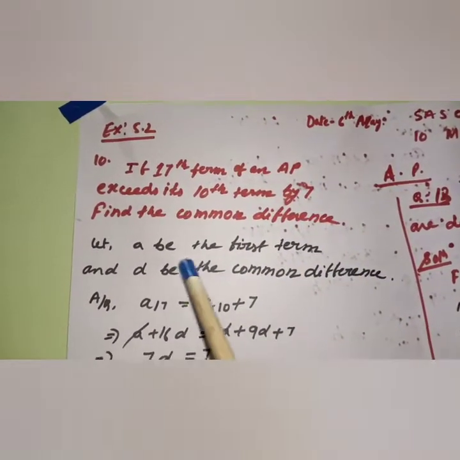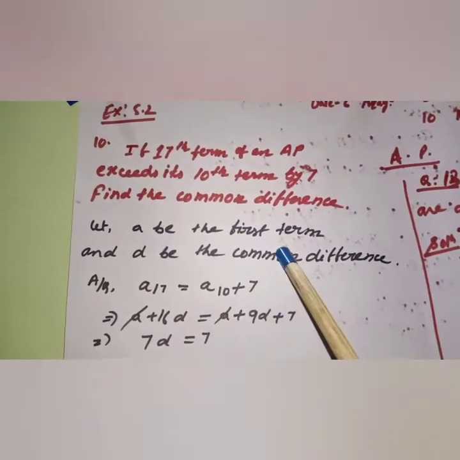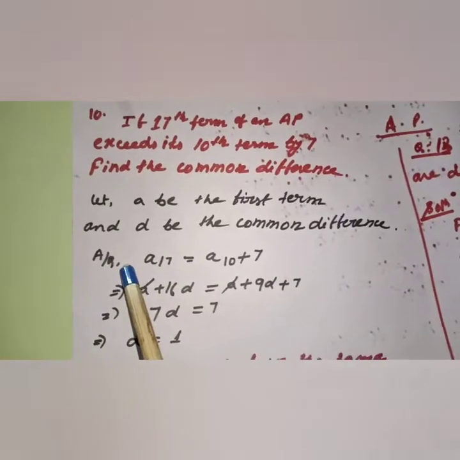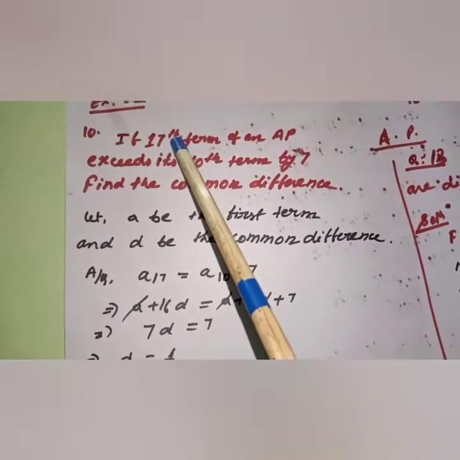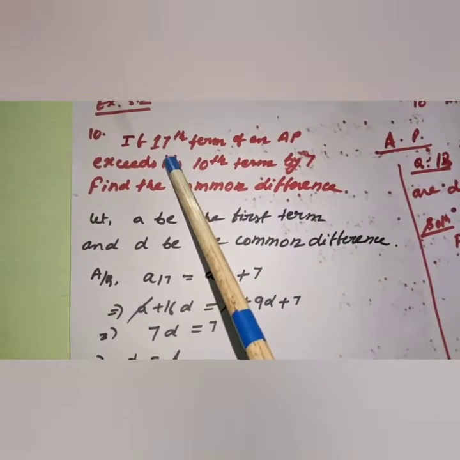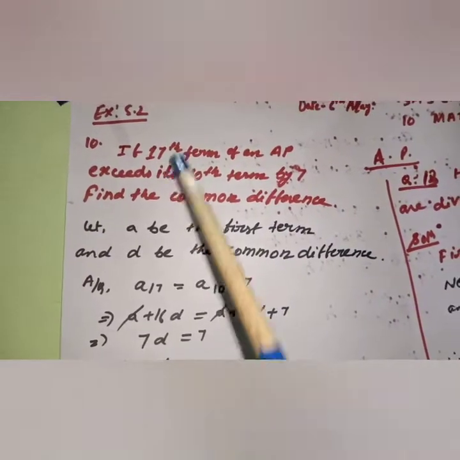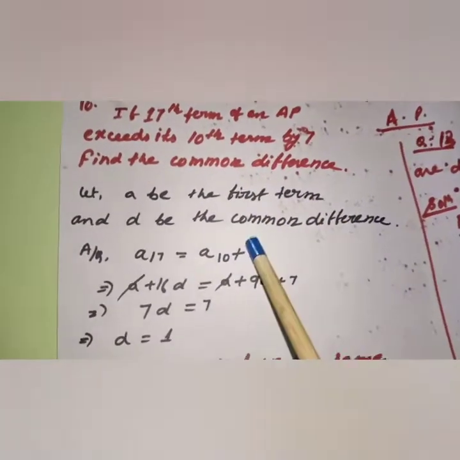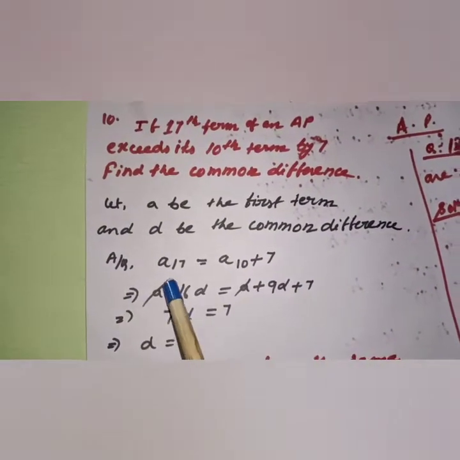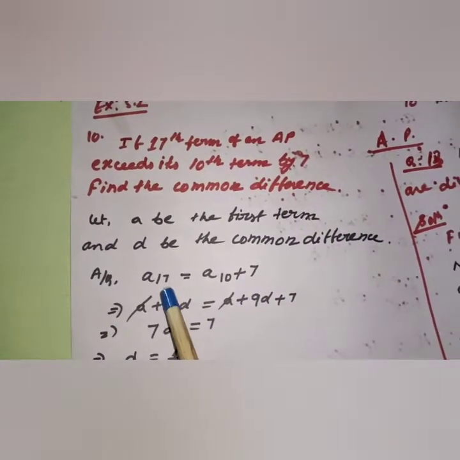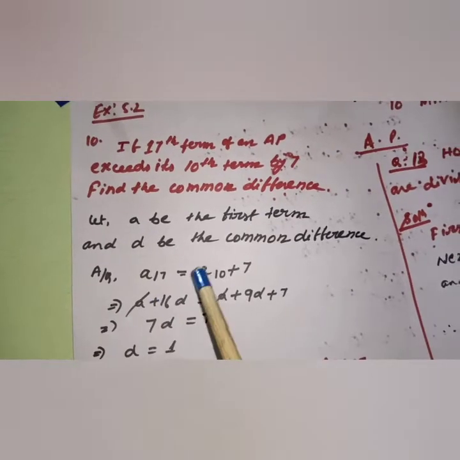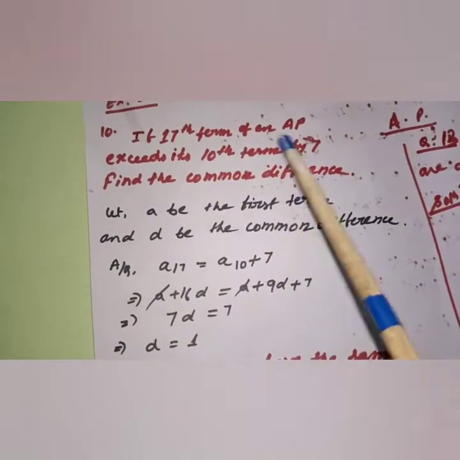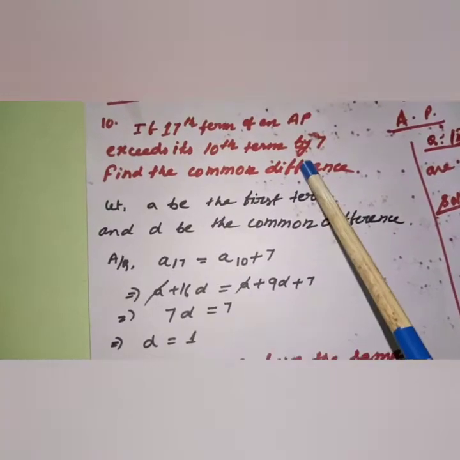7. So let a be the first term and d be the common difference. According to the question, what is the condition? The 17th term is equal to the 10th term plus an extra 7. So A17 is equal to A10 plus 7, because the 17th term of the AP exceeds its 10th term by 7.